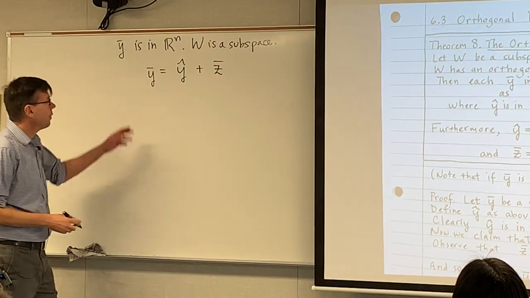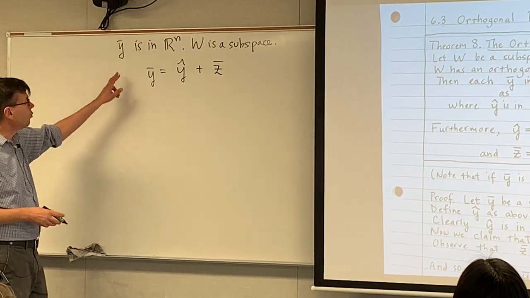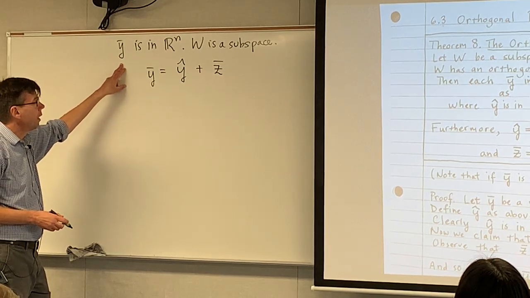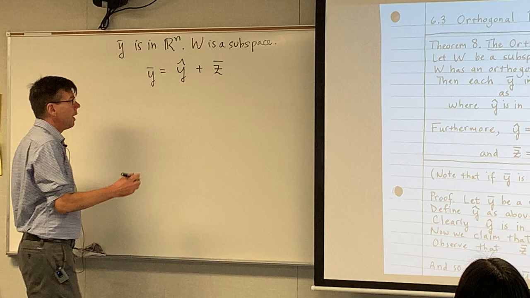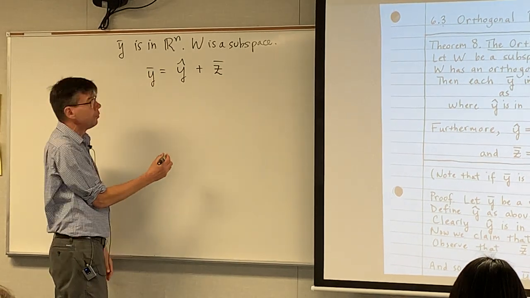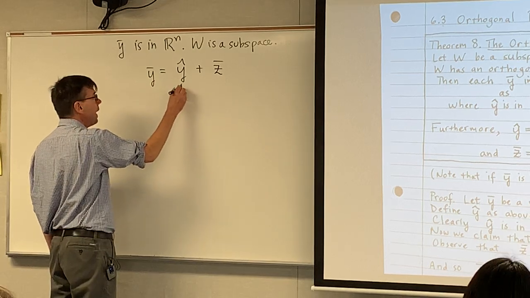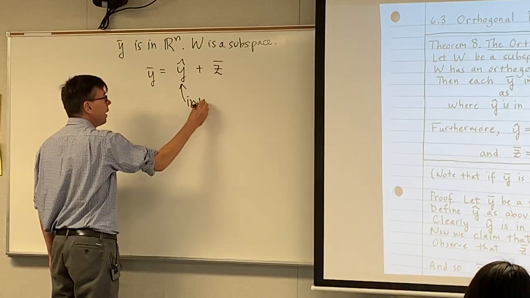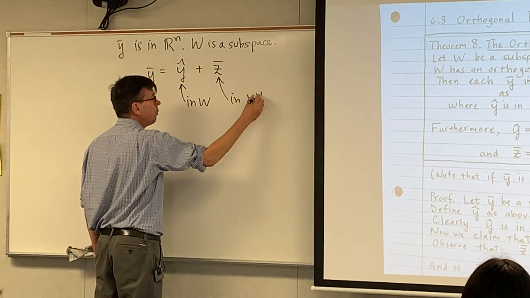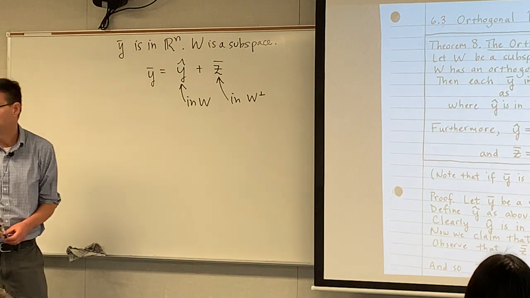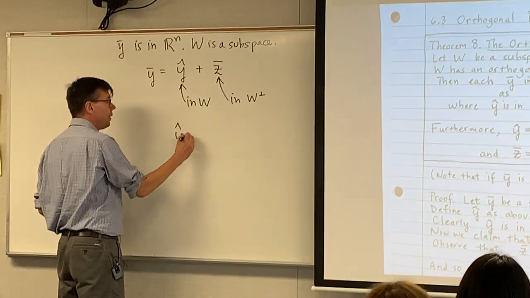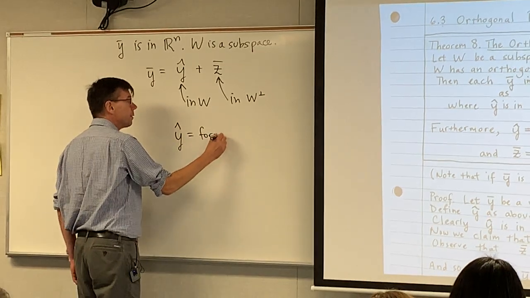So we start out with Rn and a subspace W. We pull a vector out of Rn, and we're decomposing it, or describing it, as a sum of two other vectors. So y hat is going to be in W, and z is going to be in W perp, the perpendicular complement to W. And y hat, we have this formula for this.